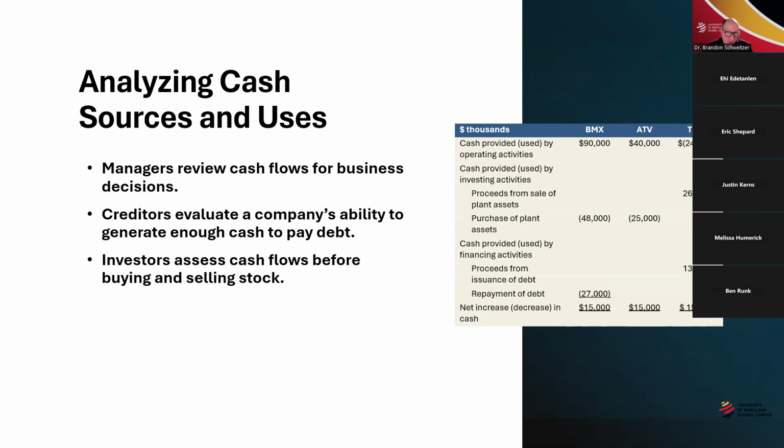To effectively answer these types of scenarios, it's important to separately analyze investing, financing, and operating activities. And so that's the examples that we can see here on the right. By analyzing the operating, investing, and financing activities separately, we can get a pretty good idea of what the company's doing.